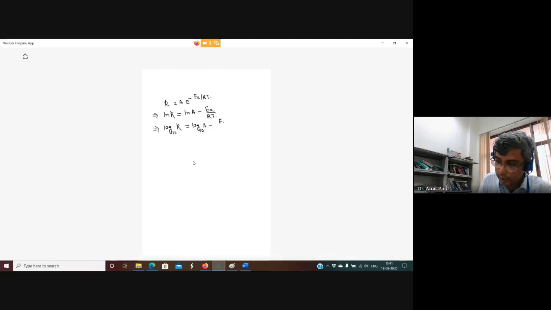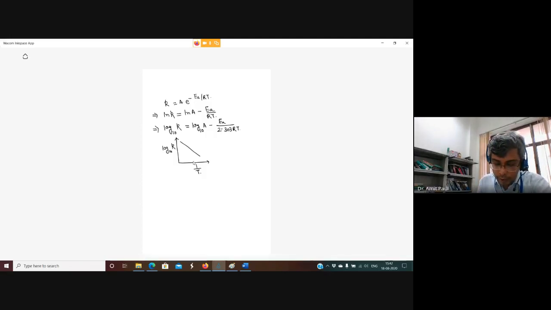minus Ea divided by 2.303 RT, right? So now according to this equation, if we try to draw a graph, on the y-axis we will plot log 10 k, and on the x-axis we will plot 1 by T. So now this is the equation of a linear equation.